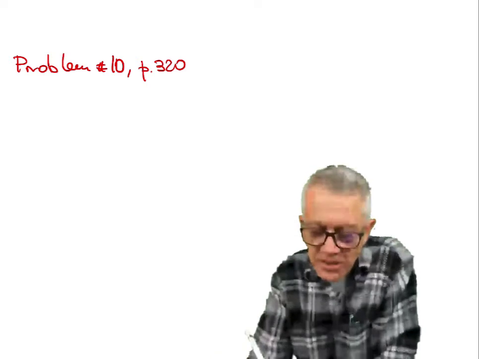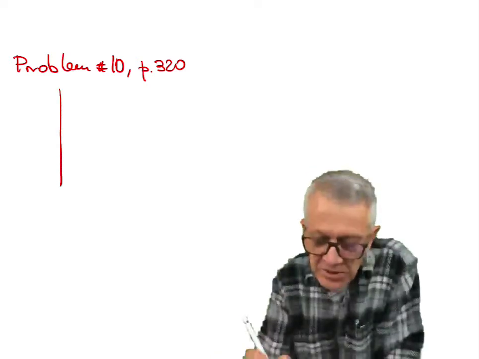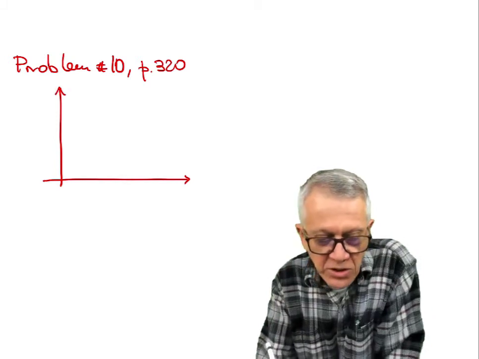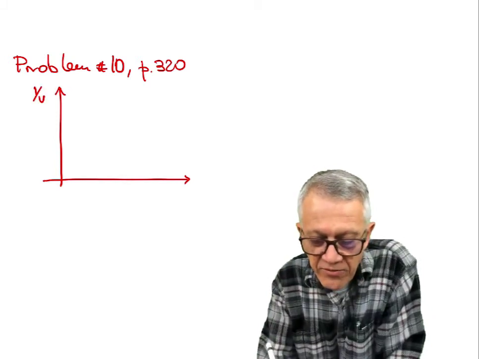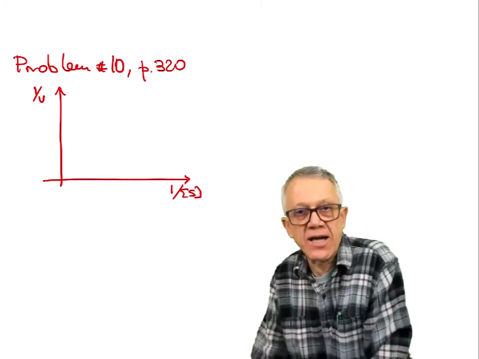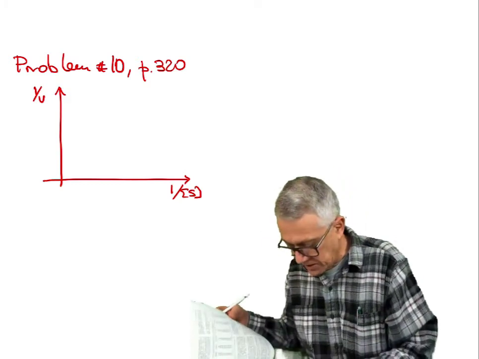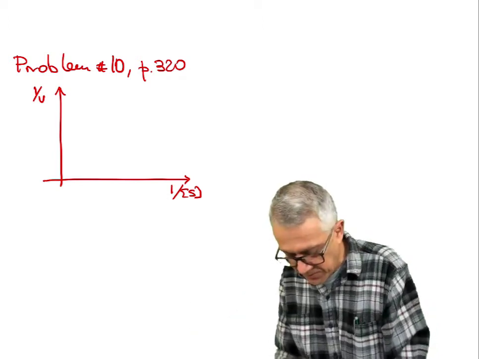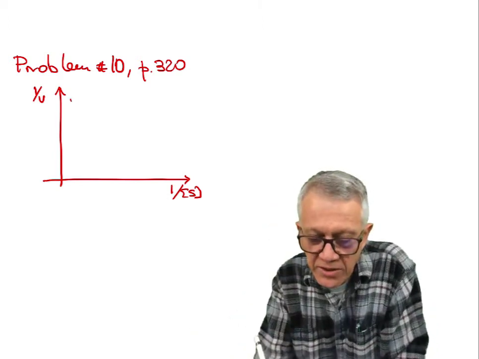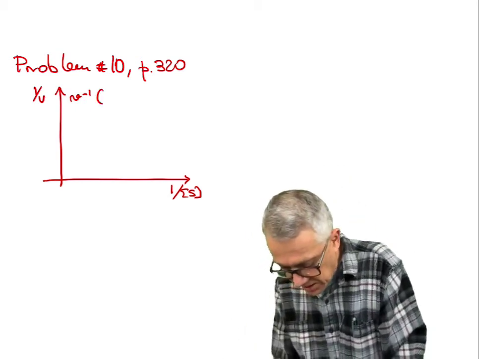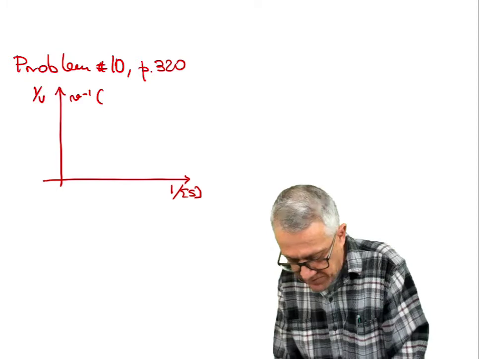Okay, so let's put the plot here first and rewrite what he's stating. We know that this plot is made by 1 over V and 1 over S. He's talking about the double reciprocal plot. And he says that the V to the minus 1 comes in the following units: nanomoles per liter per minute.